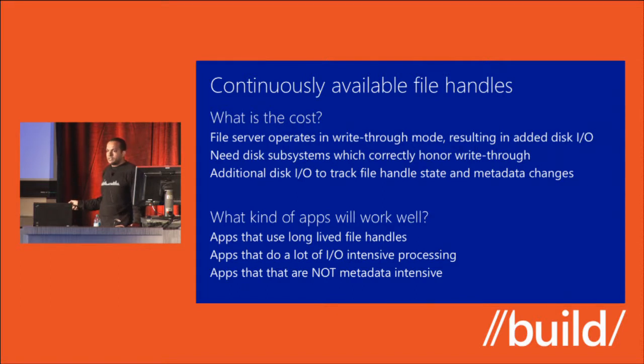If you're talking about an app which is modifying and creating a lot of new files, renaming and deleting files and so on, this aspect of it gets heavy, which is why we recommend that all these setups be used mostly for very data-heavy workloads or enterprise workloads. So these kind of apps will work very well.